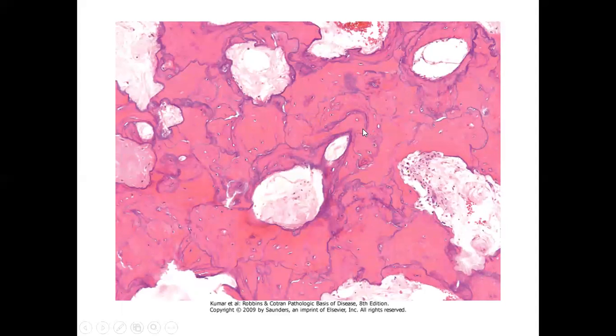So this is the mosaic pattern of the sclerotic bone, and there are prominent cement lines connecting the sclerotic bone. So Paget's disease is a condition of increased but disordered and structurally unsound bone.